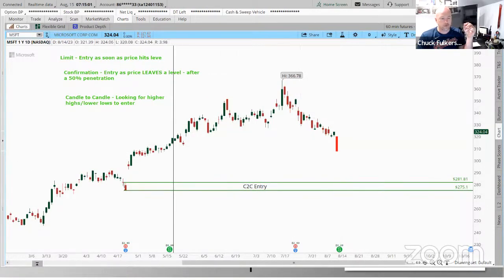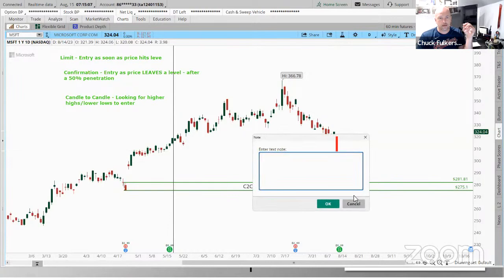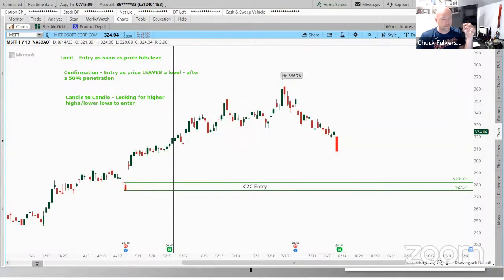So let's say that we start to head down and we come into the level. Something like this, and maybe we don't come crashing down into the level like I illustrated before, right?